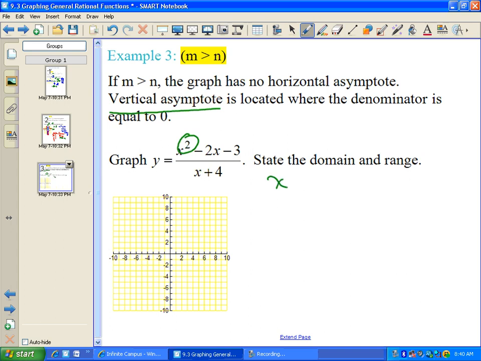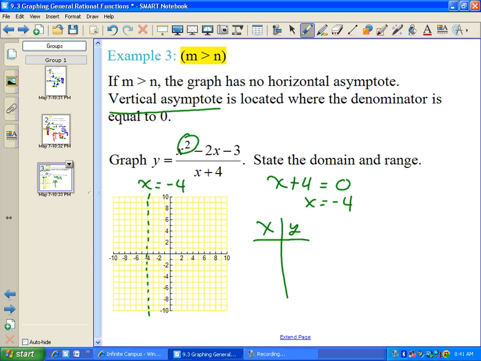So again, x plus 4 is equal to 0, so x equals negative 4. I have a vertical asymptote at x equals negative 4. Can I go ahead and pick x and y's and figure out what this is? Sure. More than likely, can I plug this into my calculator and see what it looks like? Yes.